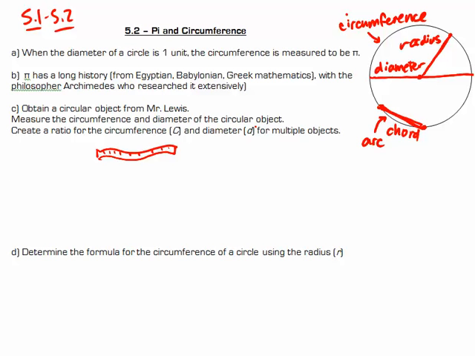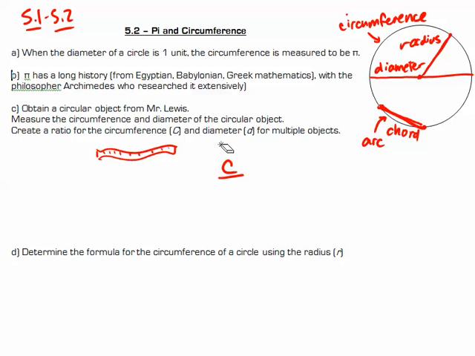If we noted this earlier on, different mathematicians such as the philosopher Archimedes, and even from Egyptian, Babylonian, and Greek mathematics, wanted to find this relationship between the distance around something compared to the distance through something. And they kept finding that if they divided, whoops, I gave away the answer there.